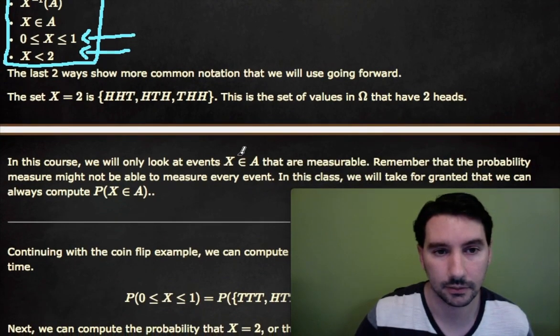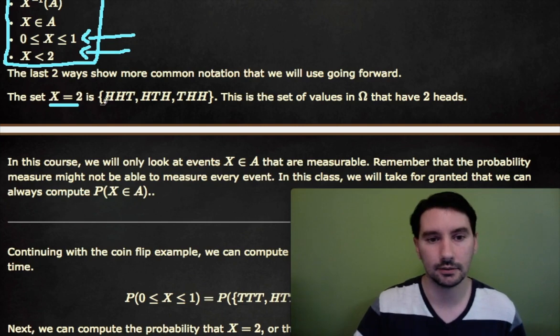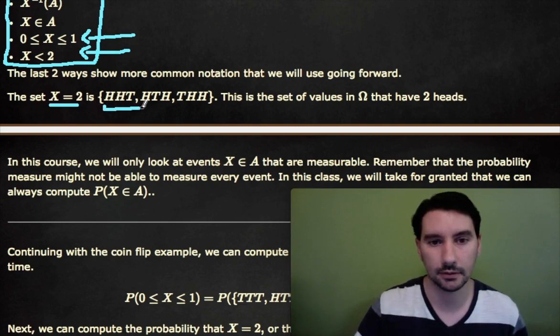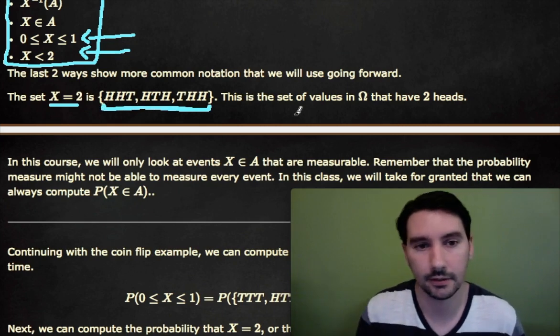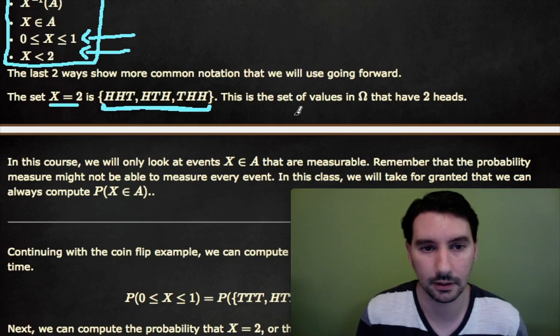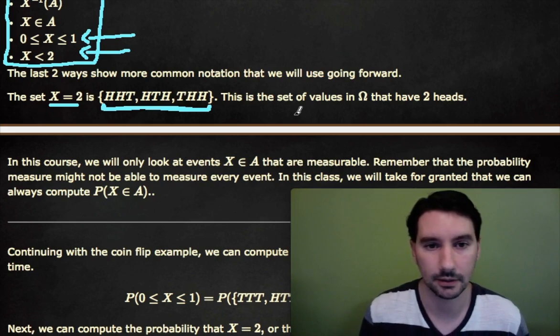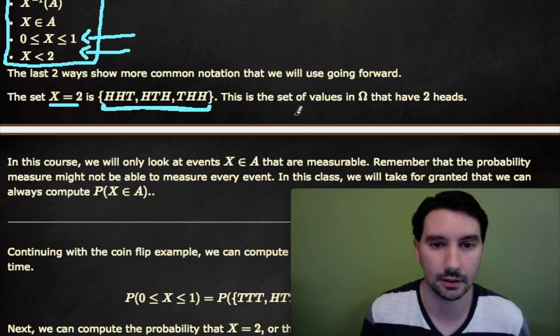So another quick example, the set X equals 2 is the set of points in omega in which there are exactly 2 heads. So all of these points, heads, heads, tails; heads, tails, heads; or tails, heads, heads, have exactly 2 heads in omega, and those are the points exactly on which X equals 2. So X equals 2 is a representation of that set.